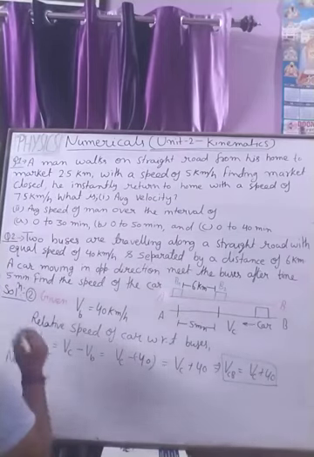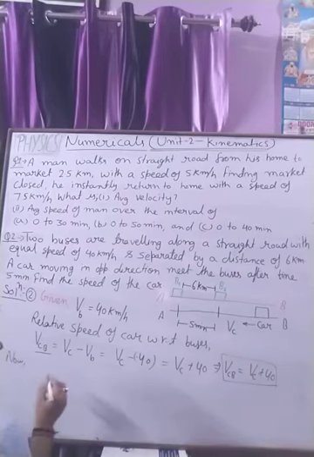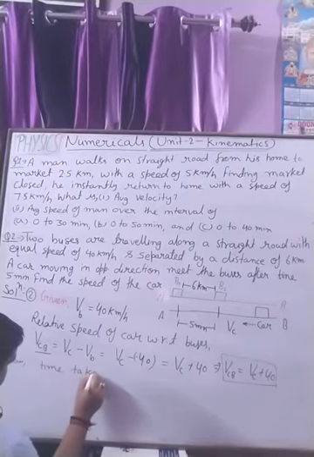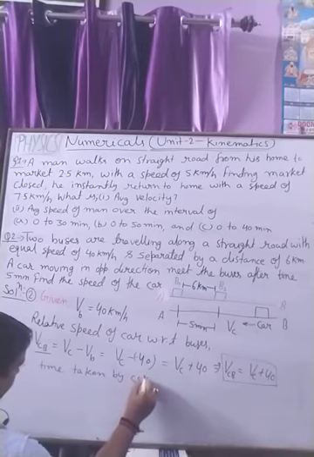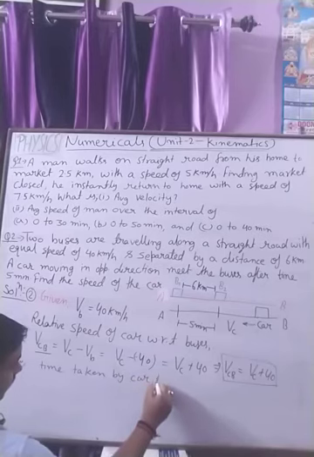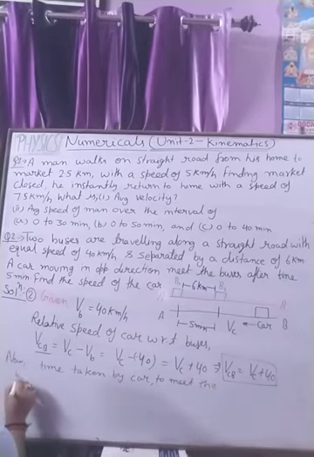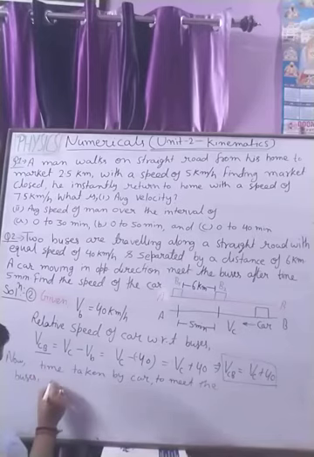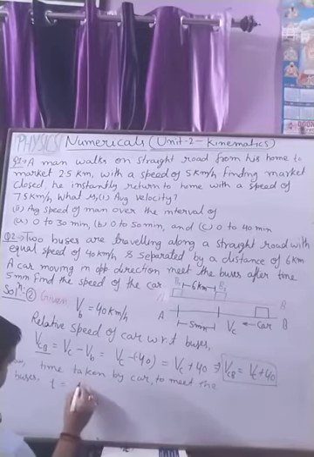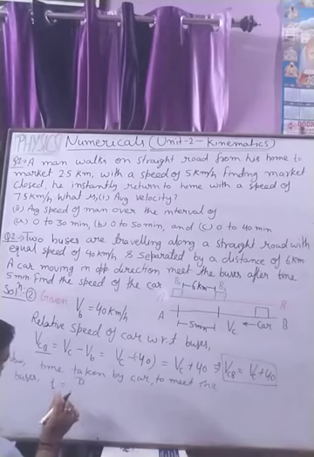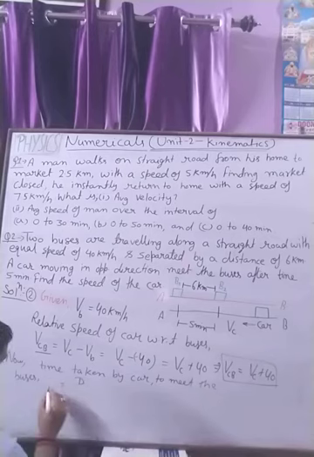Okay, now the time taken by the car to meet the buses is T equal to distance over relative speed, that is VCB.